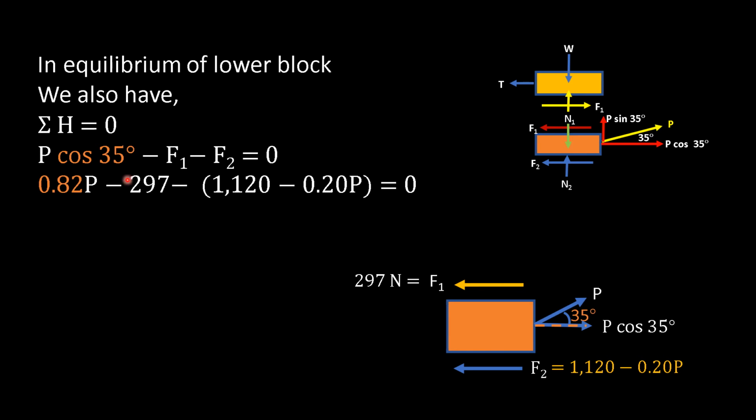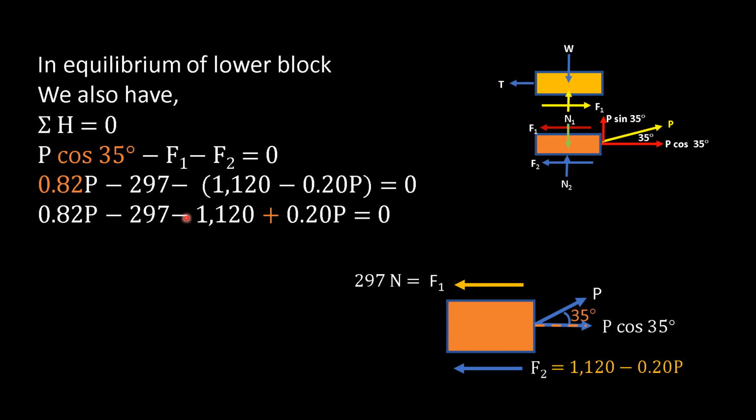Cos 35 degrees is 0.82, so it will be 0.82 P. F1 is 297. F2 is 1120 minus 0.20 P. We will open this bracket in the next step.